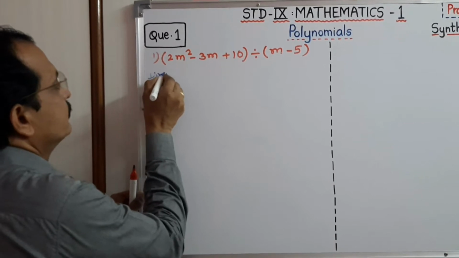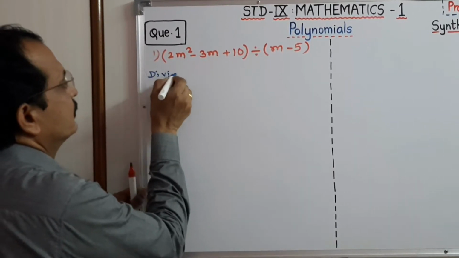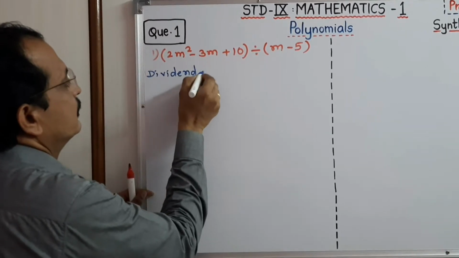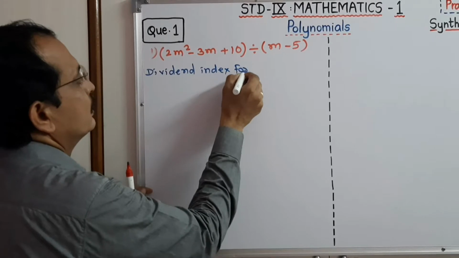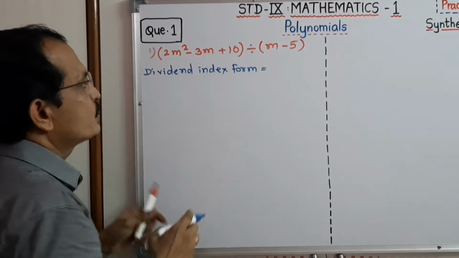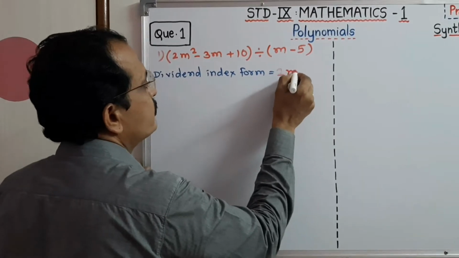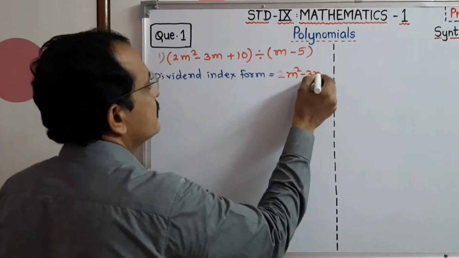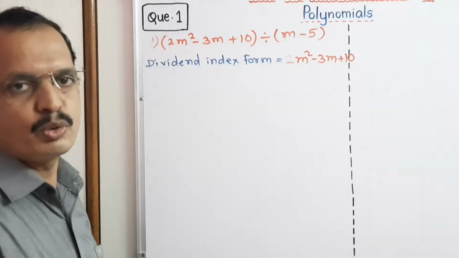Dividend in index form. Now dear student, it is already there, therefore we can write here 2m square minus 3m plus 10. This is the index form.